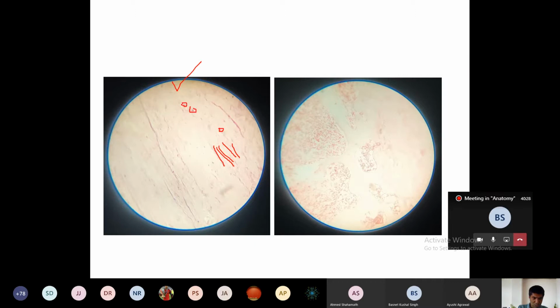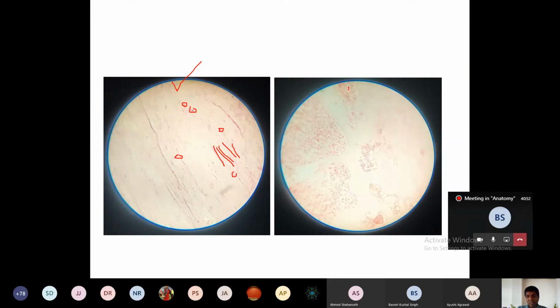See here, this is the chondrocyte, this is the chondrocyte. Small cells you can see here. These are the chondrocytes, and this is present in the intervertebral discs, IV discs. This is a good example of the white fibrocartilage. Not only this, in some menisci of the joints, like the menisci of the knee joint, you can find this.